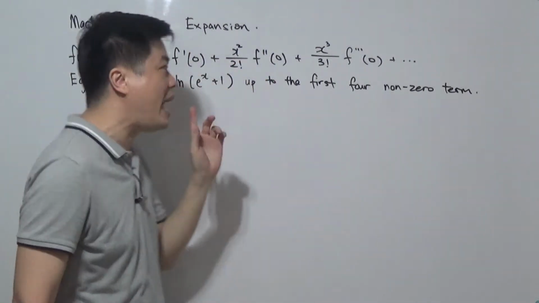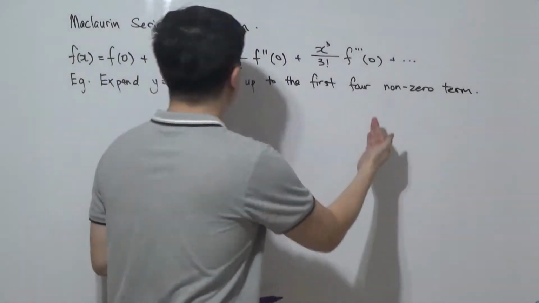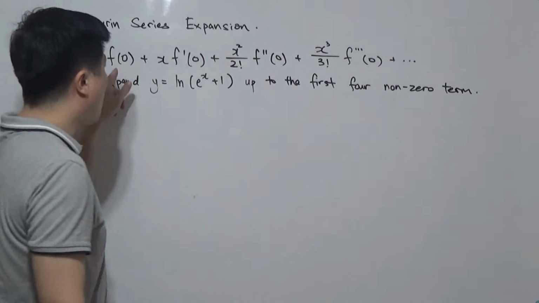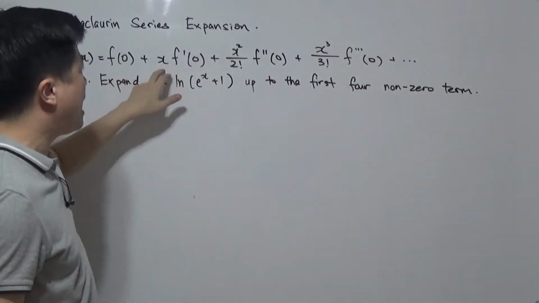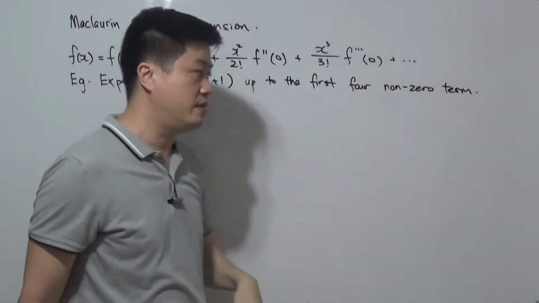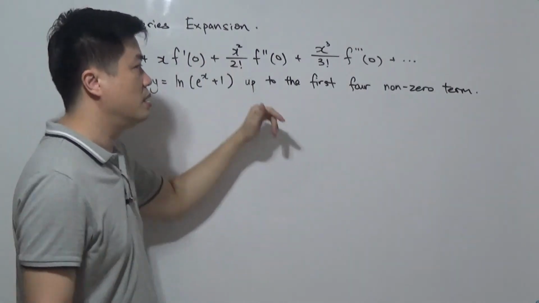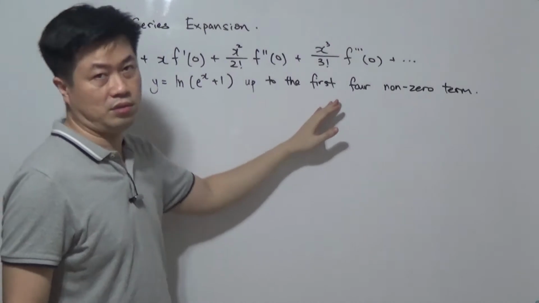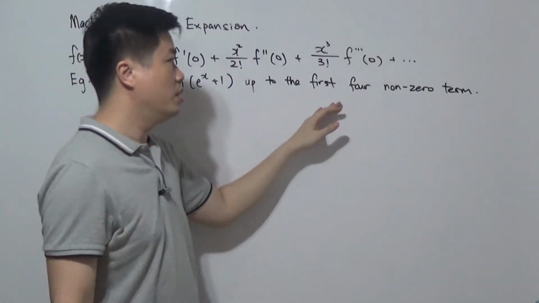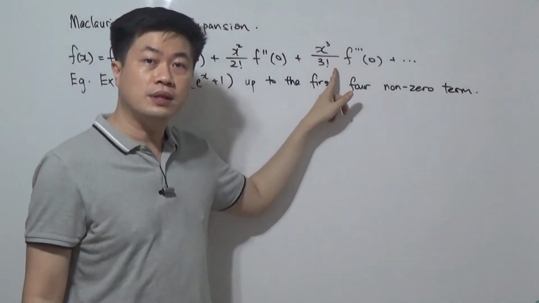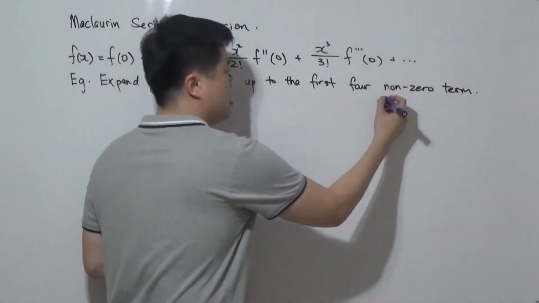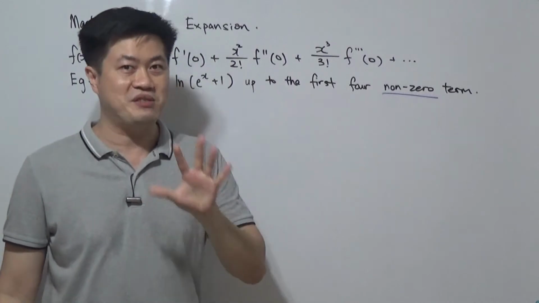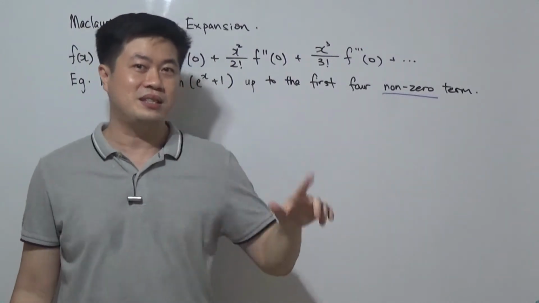If they knew that the constant and the coefficients of x squared and x cubed were not going to be 0, then they would just simply ask you to go up to the term including x cubed. But when they say non-zero, be careful. Usually there is something hidden here.